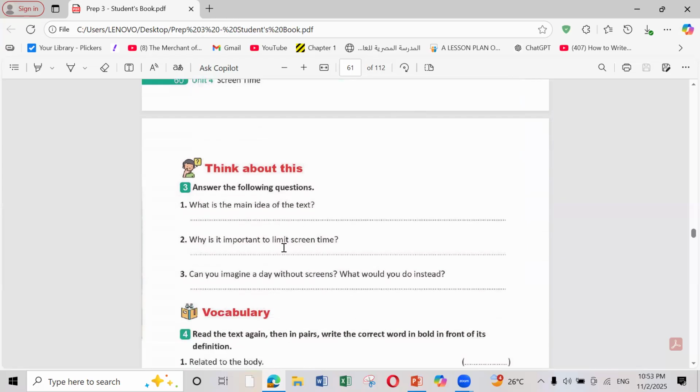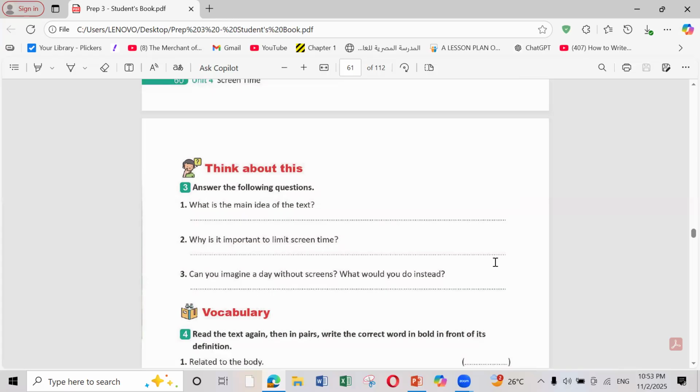The third question here, can you imagine a day without screens? What would you do instead? Okay, we have this a very important question also. Can you imagine a day without screens? Can you keep your phone aside without looking at the screens?